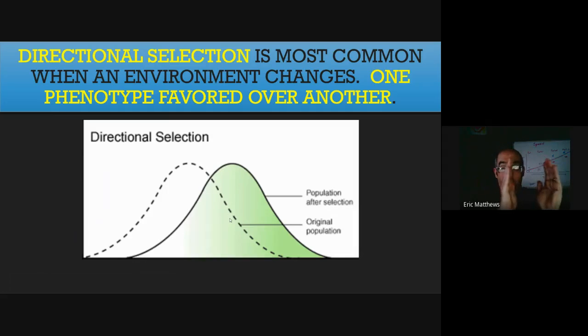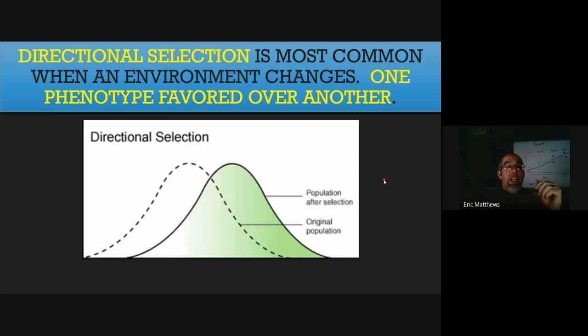And so the whole population shifts. Their gene pool shifts over the course of a couple generations. The ones that don't fit the original population die off. The ones that are more fit, the new phenotype population succeeds, reproduces, passes on the traits that make them successful, and everything shifts over.